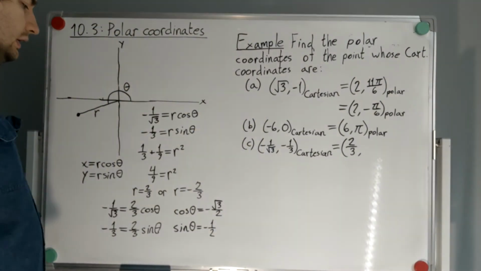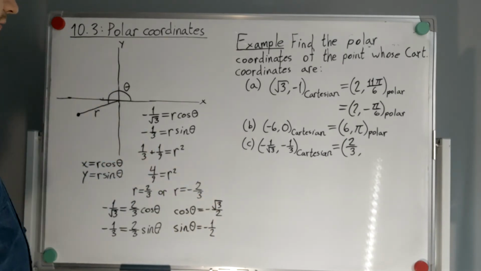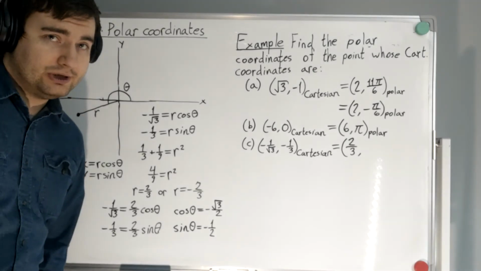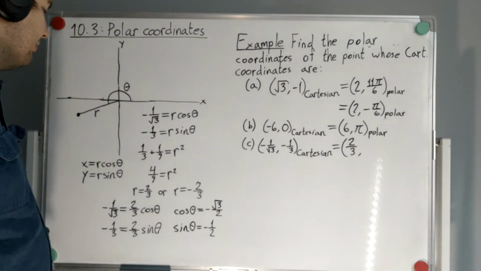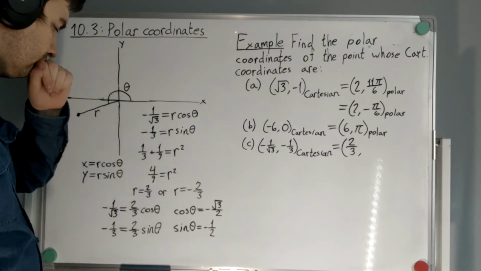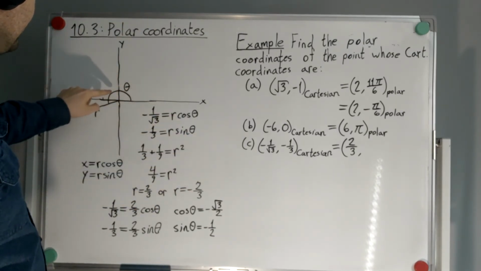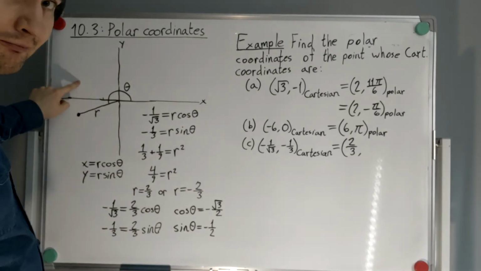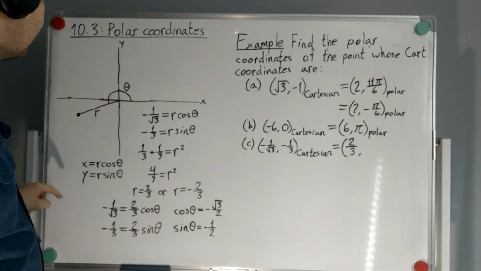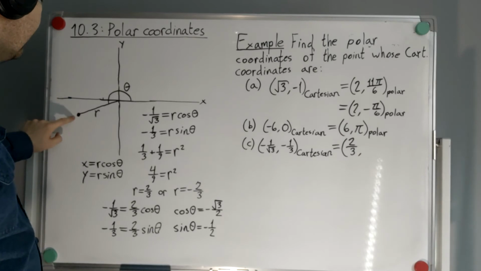Now, cosine theta equals negative root 3 over 2. There's two different angles that do that between 0 and 2 pi. One of them is 5 pi over 6, which is about right here. The other one is 7 pi over 6, which is right here.